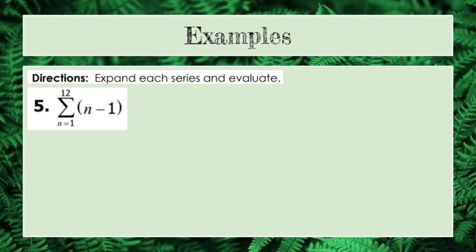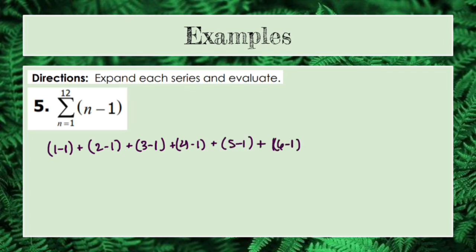Okay, so we want to start with n equals 1. So the first term is going to be 1 minus 1. Then the second one will be 2 minus 1. Then 3 minus 1. 4 minus 1. 5 minus 1. Plus 6 minus 1. Plus 7 minus 1. Plus 8 minus 1. Plus 9 minus 1.